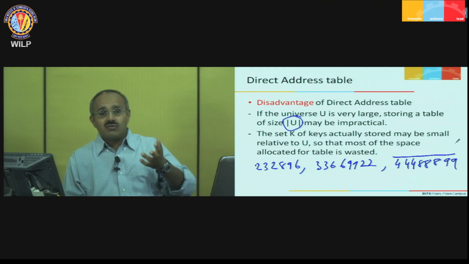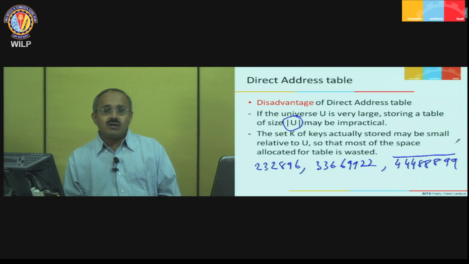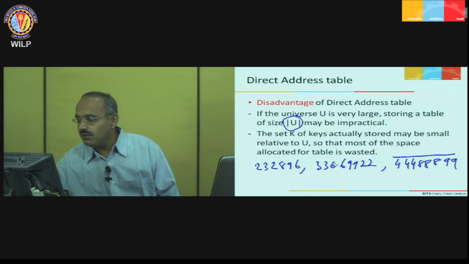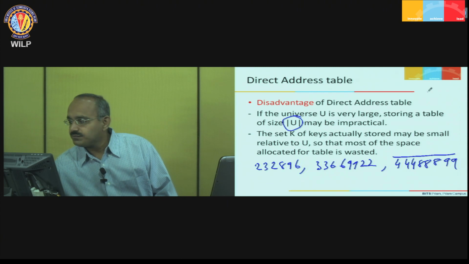The number of keys that you actually want to store, represented by K, in this case is only 3, whereas U is extremely large. So, to store such things and to have fast access, I need a table whose size is going to be equal to this.